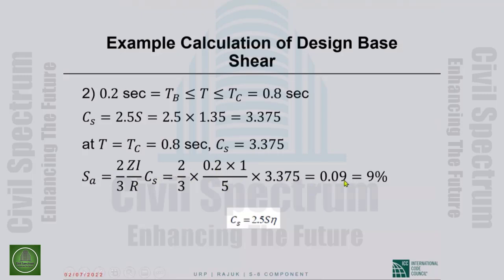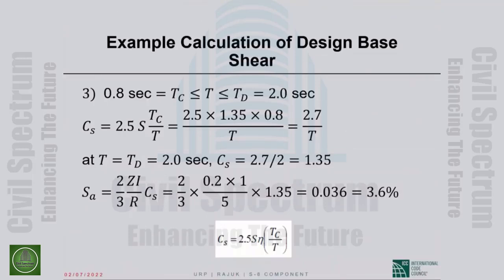So that comes to also 9%. At the beginning of the flat top, S sub A is 9%. At the end of the flat top, S sub A is 9%, as it should be. Otherwise, it wouldn't be a flat top. Then we go to the descending branch, T between T sub C and T sub D. This is the long period transition period of 2 seconds.